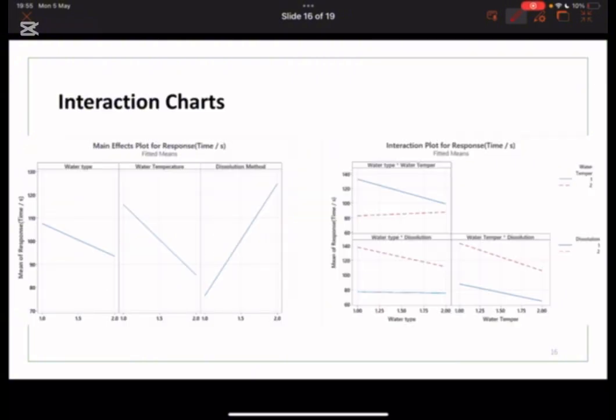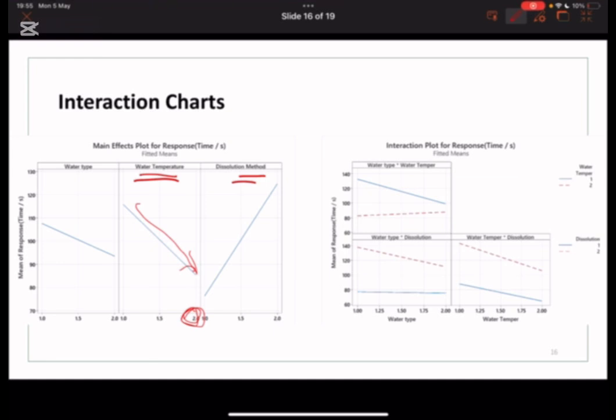The interaction plots reveal that water temperature and dissolution method have a strong interactive effect. Stirring in warm water leads to the fastest dissolution times. There is also a moderate interaction between water type and temperature, where the benefit of warm water is greater for regular water.